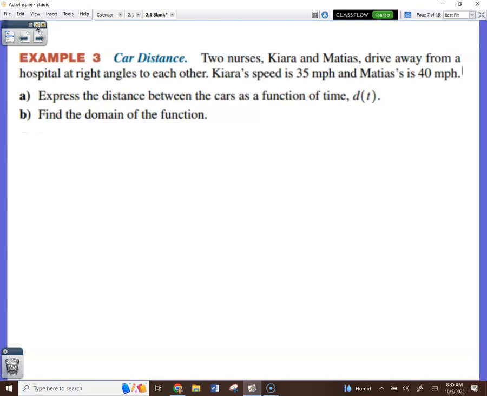We want the distance between them. Yes, all of that was right. All right, so I'm just going to draw my triangle like that. There's my right angle. They started at the hospital, so I'm labeling this as H.